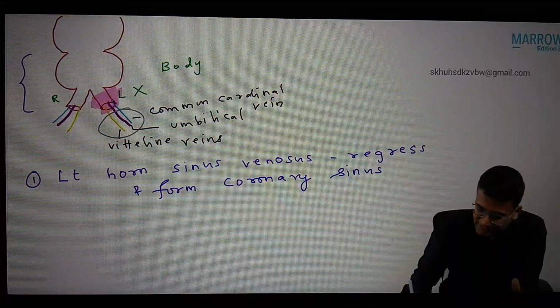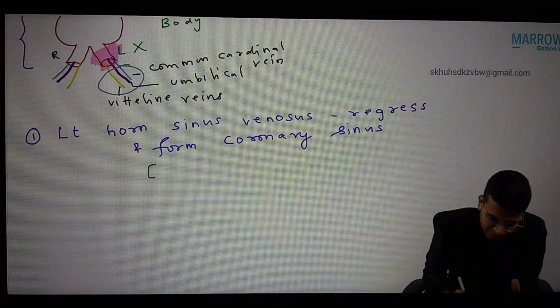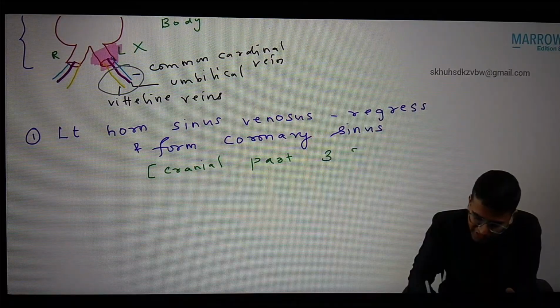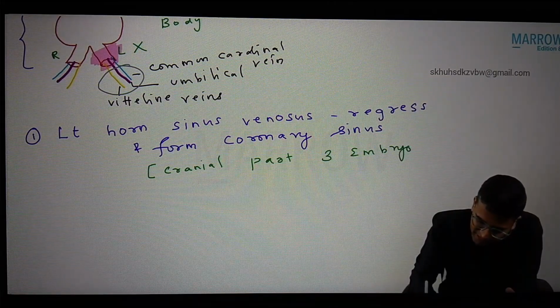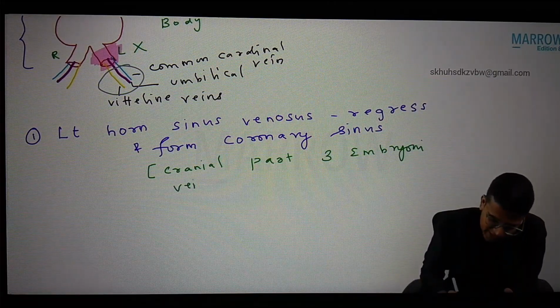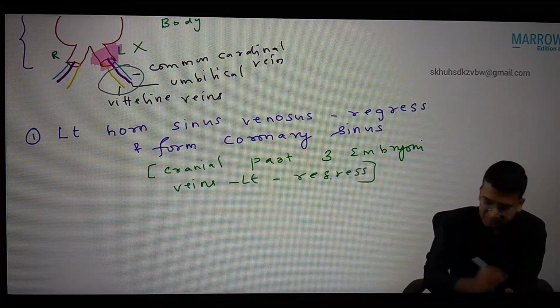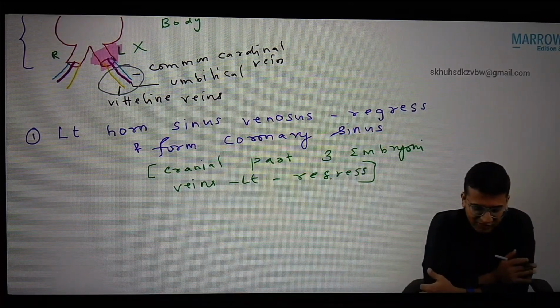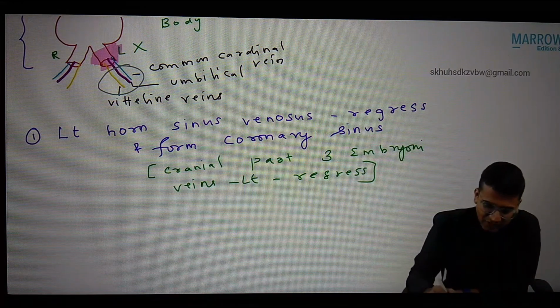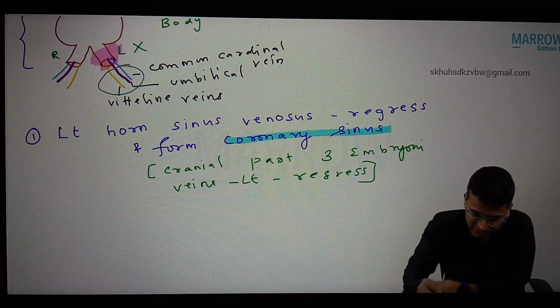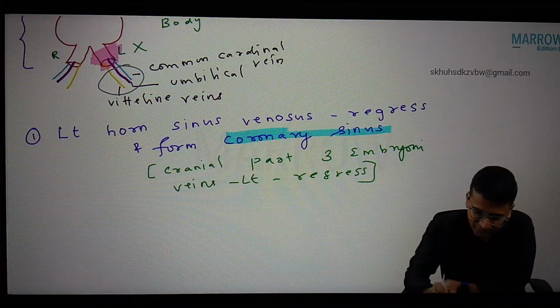So in the bracket, you can write the cranial part of 3 embryonic veins on the left side also regress. Is it clear? So left horn of sinus venosus regresses and forms the coronary sinus. This is very important. This is a question. Shall we proceed?